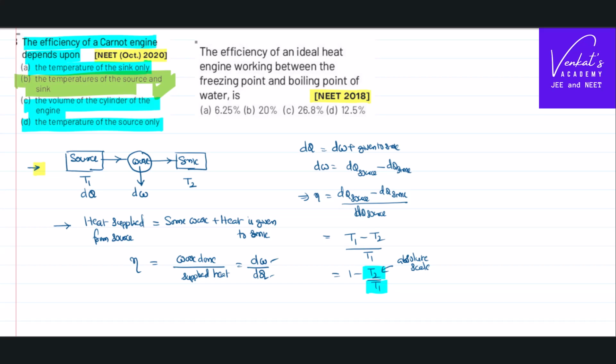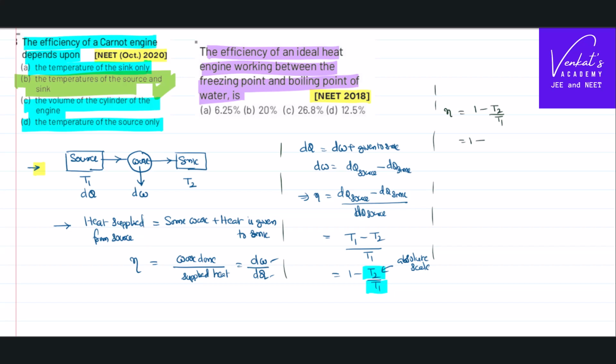That's the first question. We can easily solve the second question also. Look at the next question. The efficiency of an ideal heat engine working between freezing point and boiling point of water is how much? I can write, as we have written the formula just now, efficiency is 1 minus temperature of the sink by temperature of the source.